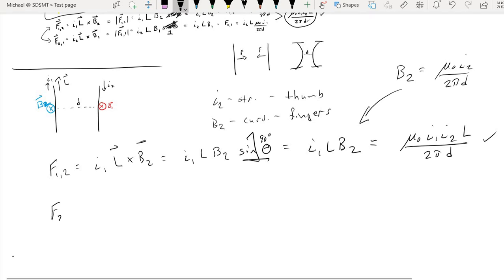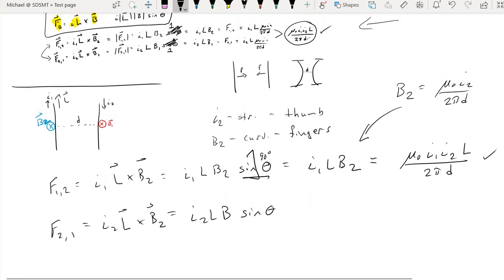And just to be good physics students, we'll go ahead and confirm that with the other wire. I2 L B1 sine theta. The angle relationship between L, technically L is now pointing down with current 2, but that L vector and B1 are at 90 degrees with respect to each other.